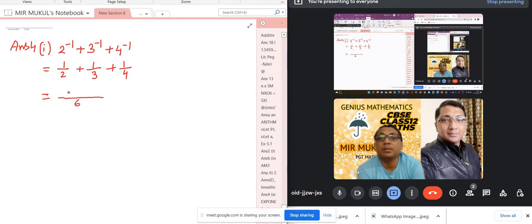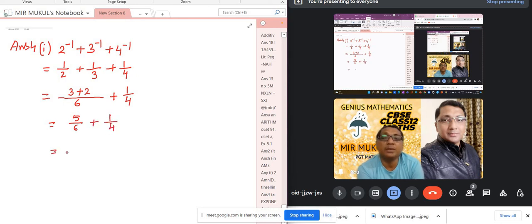And cross multiply, 3 plus 2. That is one method to add fractional numbers. Then 1 by 4, so it is 5 by 6 plus 1 by 4.